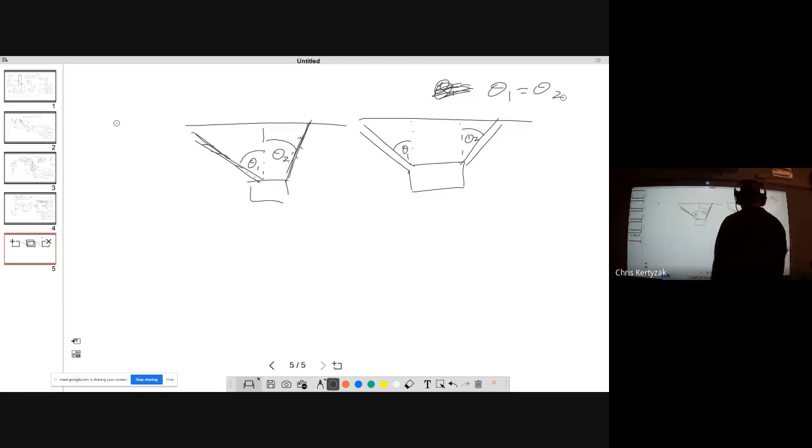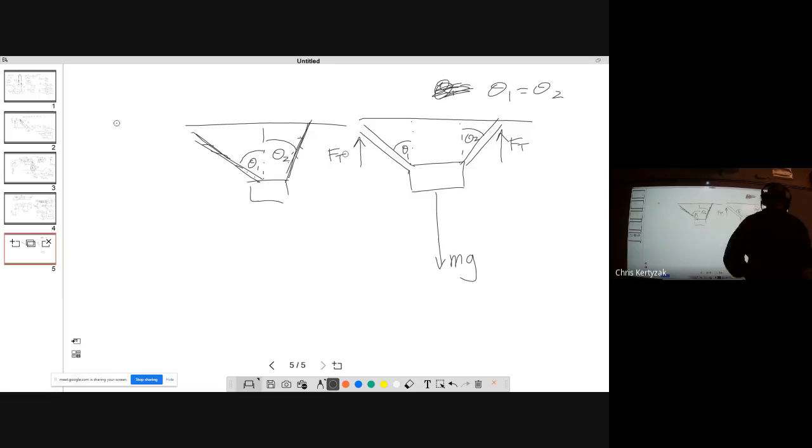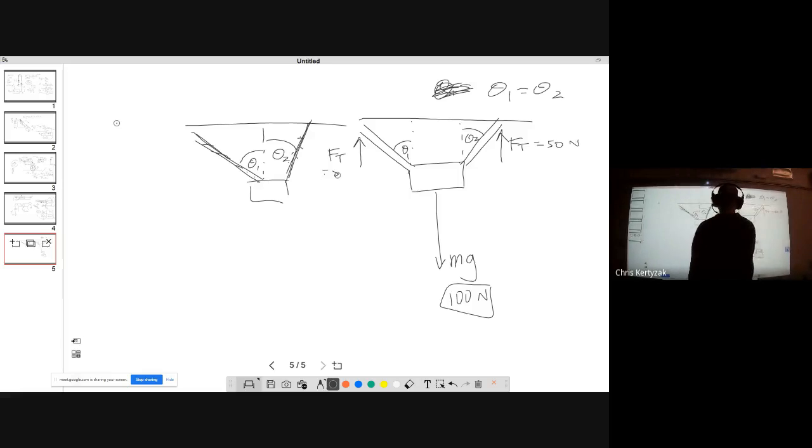If they're equal like that, remember that the downward weight of the sign is absorbed by the upward tension components in these two ropes. If it's symmetric because they have the same angle, and let's just say conceptually that mg came out as 100 newtons, then this one would have to be 50 newtons, and this one would have to be 50 newtons.